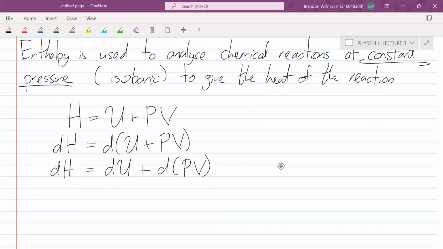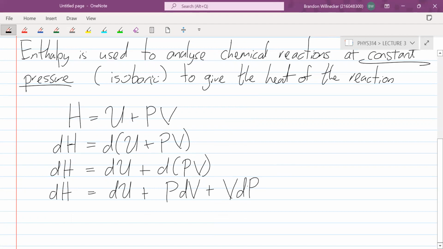Now we've got a product of two things, P and V, which are state functions. So dH is going to be dU plus, we leave the first one and take the differential of the second, P dV, plus we leave the second one and take the differential of the first one, V dP. It's like the product rule with derivatives.